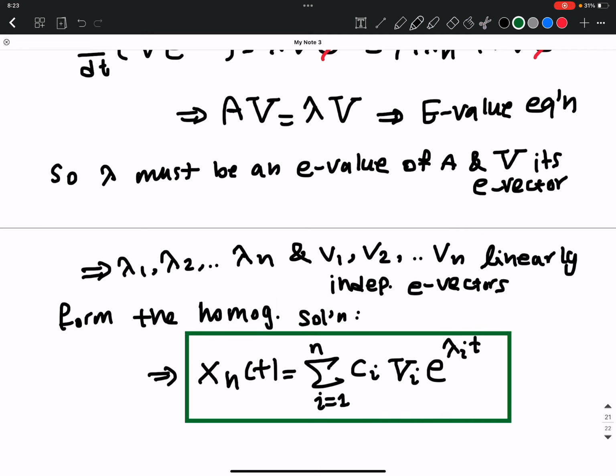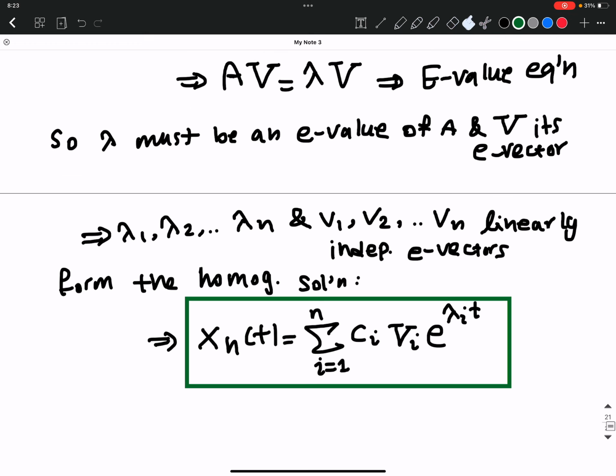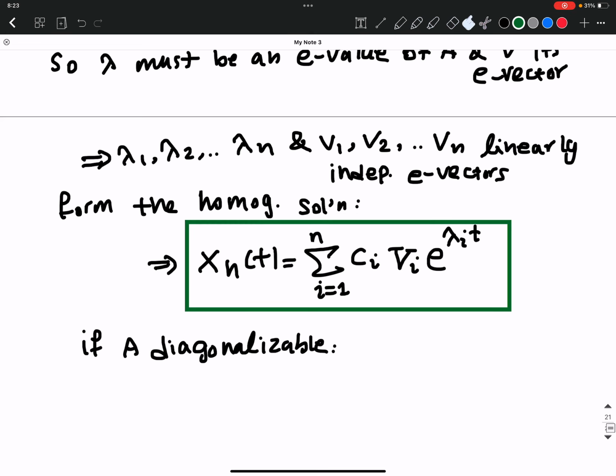Now, if this A that we got is diagonalizable, then what can I write?